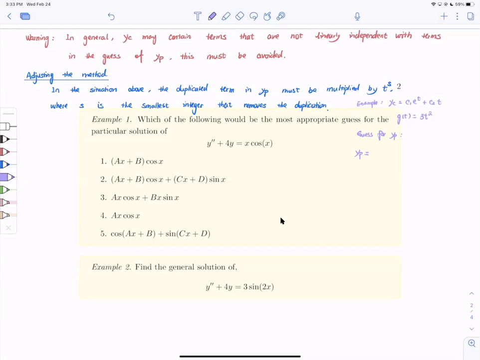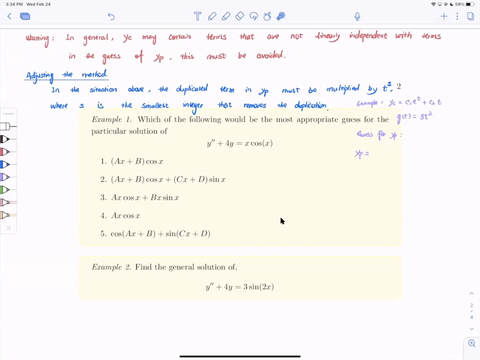No. Yeah, that's why I said it's easy to make a mistake here. Nope. Why? Because your bt and c2t are linearly dependent. Ax cubed plus bx squared plus cx, still not correct, because your cx and my c2t are linearly dependent.